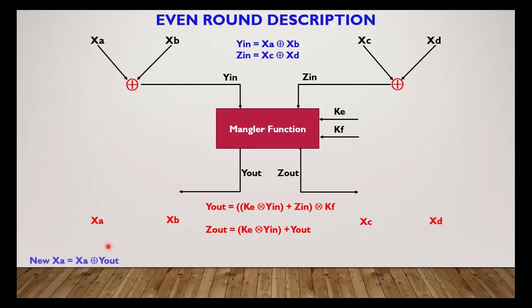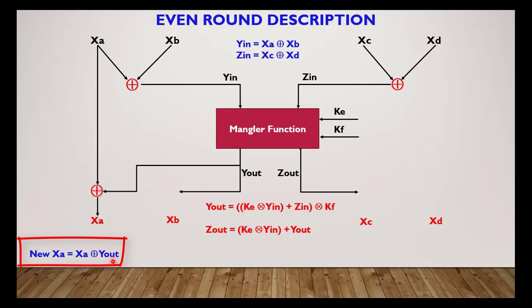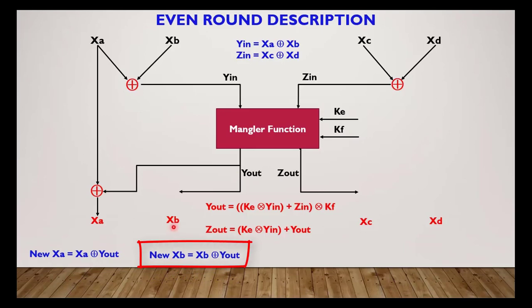For XA, you have this equation XA XOR Y out. This is the new XA that is denoted here with the red color. New XA is equal to XA XOR Y out. So we have to do this. In a similar fashion, you will see XB, that is new XB, denoted by red color, and it is equal to XB XOR Y out.